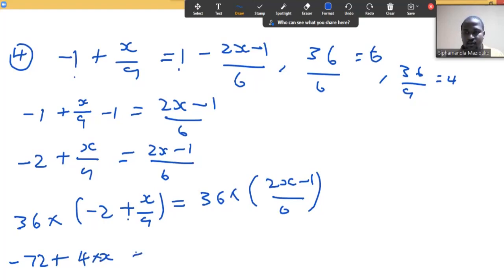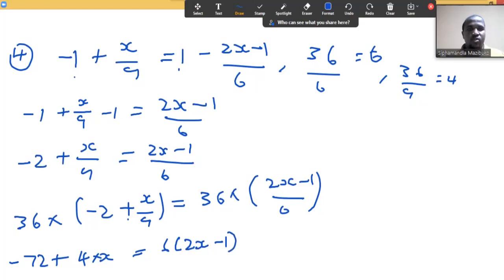And then we have equal to 36, which goes into 6 six times, so we remain with 6 into 2x minus 1.